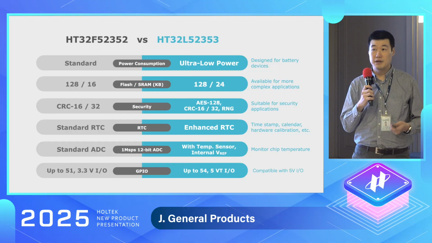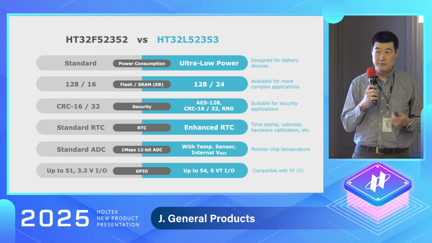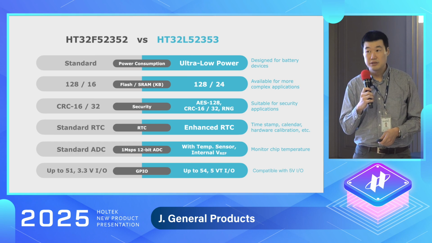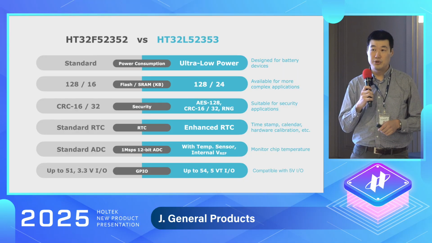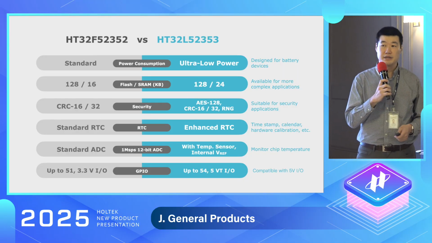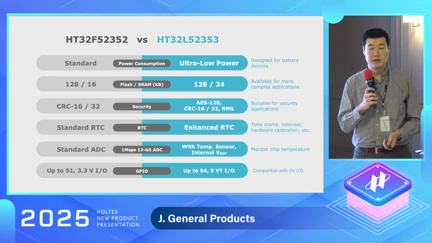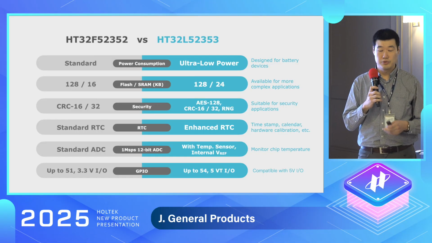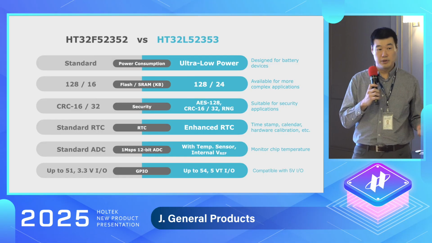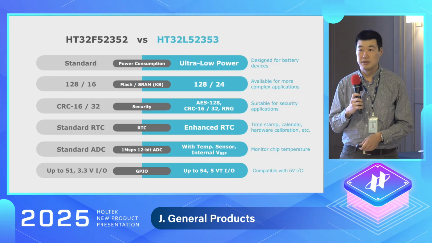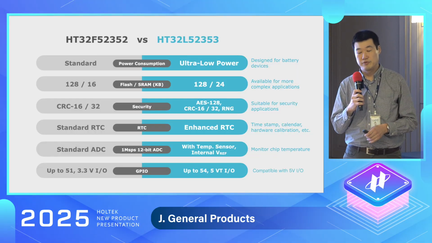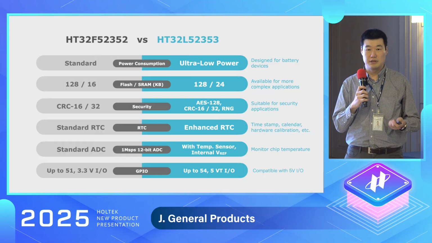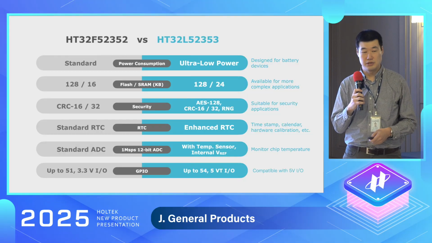And the real-time clock, we have a timestamp, the perpetual calendar, hardware calibration function. For the 12-bit ADC, yes, it's an integrated temperature sensor and the V reference, so you don't need the external component to have such function. It supports 5-volt GPIO, so as I mentioned before, you don't need level shift for the external components in the circuit.